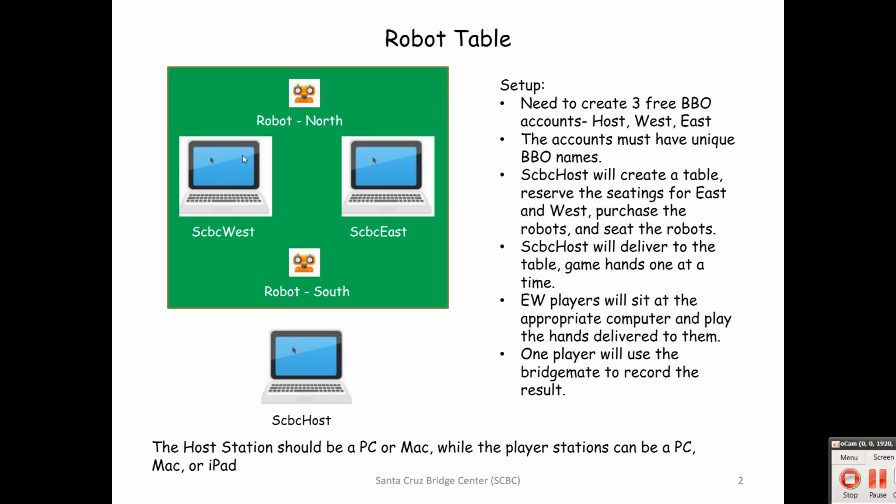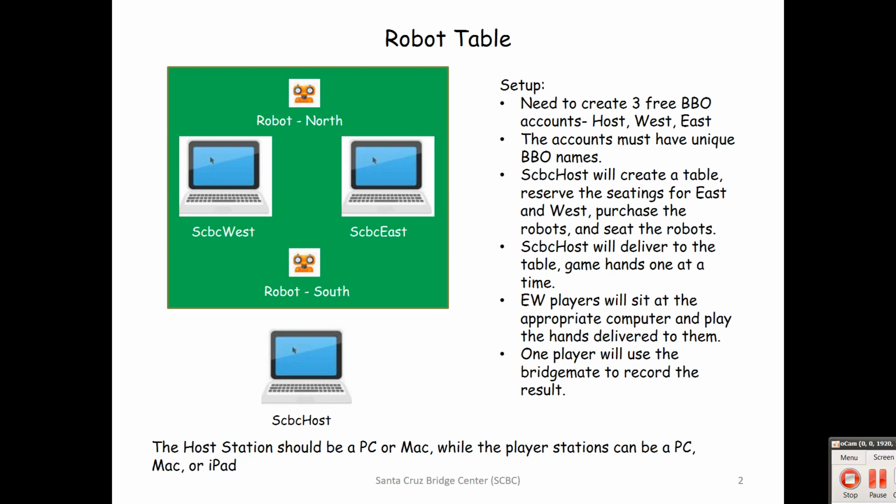Also, you can use a smartphone that can run BBO. But the host computer must be a Windows-based PC or a Mac. There's additional functions in BBO that the host computer needs to do, and they are not available on an iPad.